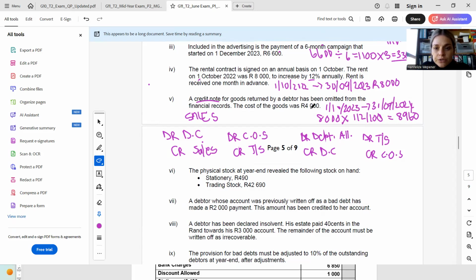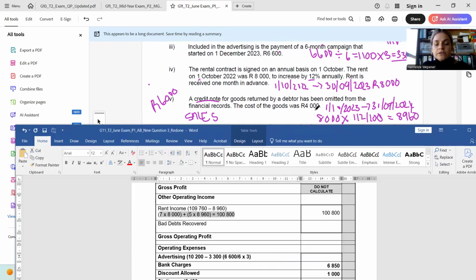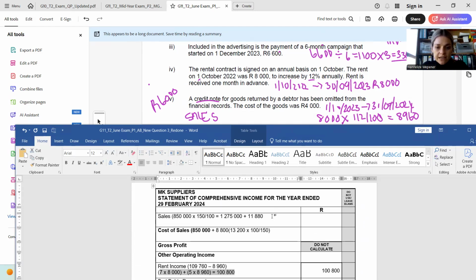The cost of the goods was 4,000 Rand, which means that I need to say 4,000 times 150 divided by 100 to calculate my selling price, and that is 6,000 Rand. Starting with first things first, I know that I need to now debit my debtors allowances. Debtors allowances is closed off to sales in the end.